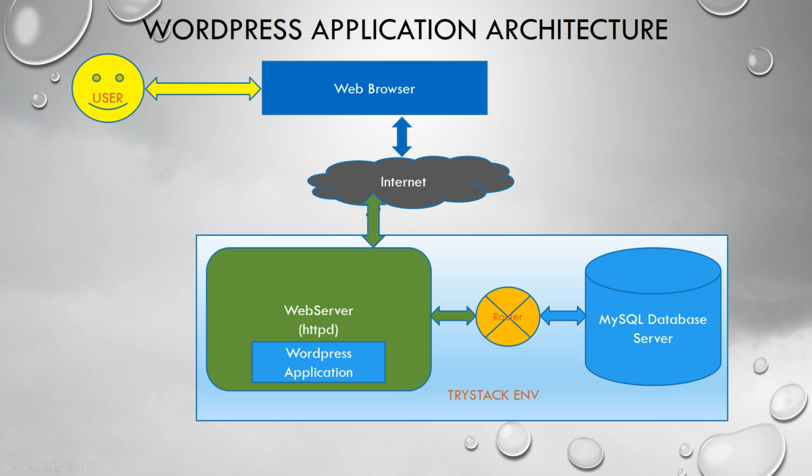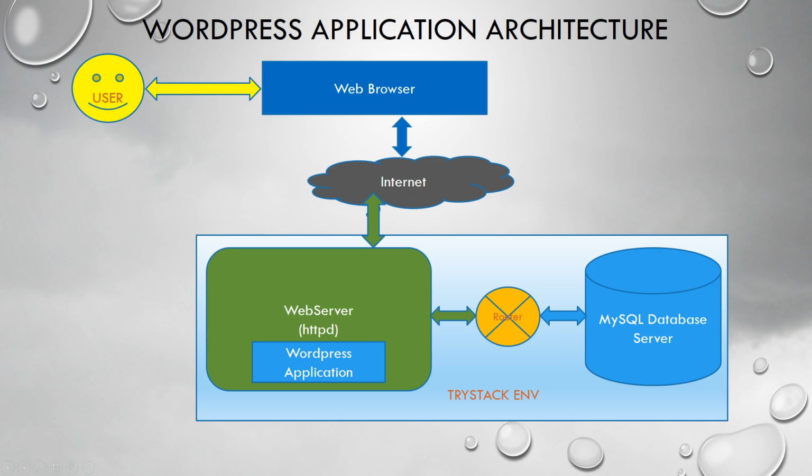Though it is not a very typical three-tier application, just for visualization I'm calling it a three-tier application, though it looks like a two-tier application, but let's assume that we are dealing with a three-tier application or similar.